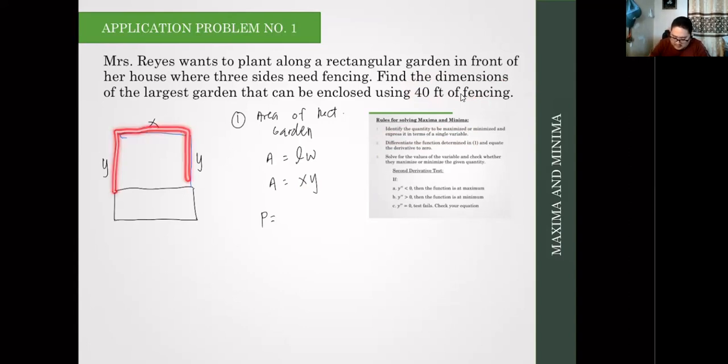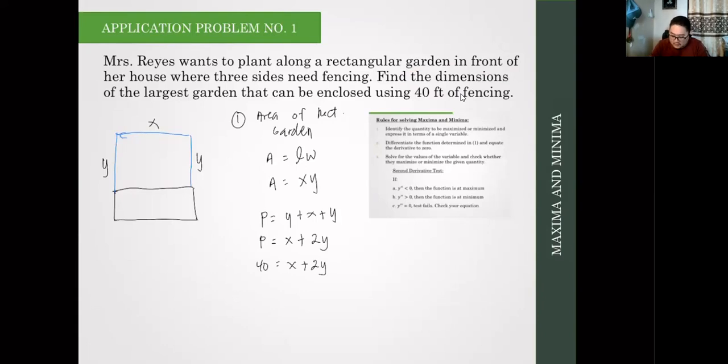So ibig sabihin niyan ay y plus x plus y, or equals yan sa perimeter equals to x plus 2y. Okay? Tapos may given naman na yung length nung fencing na yon o yung perimeter na yon ay 40 feet. Okay? So 40 is equals to x plus 2y.